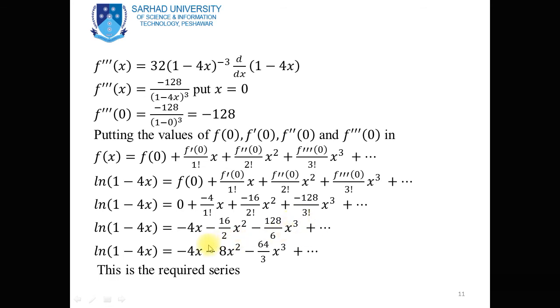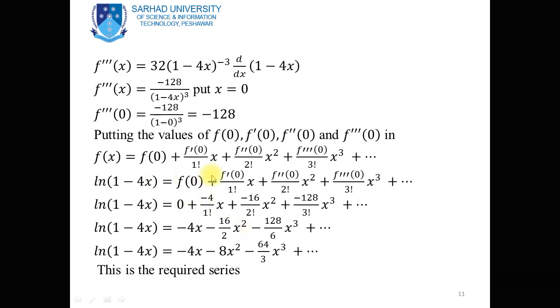So after simplification, the Maclaurin series for the function log of 1 minus 4x is equal to minus 4x minus 8x square minus 64 divided by 3 x cube, plus and so on. So this is the required series for the given function log of 1 minus 4x.